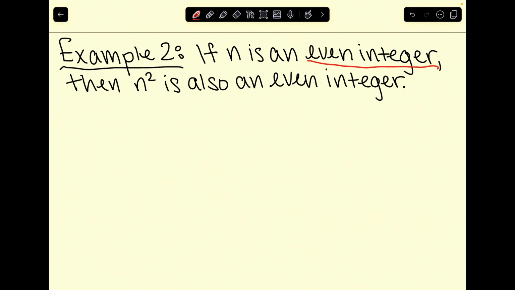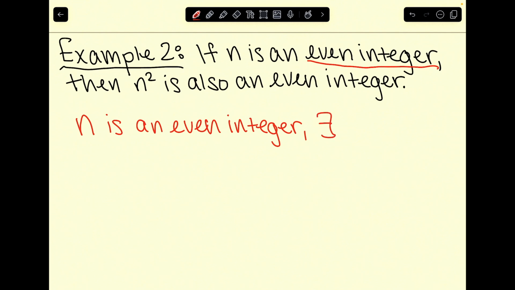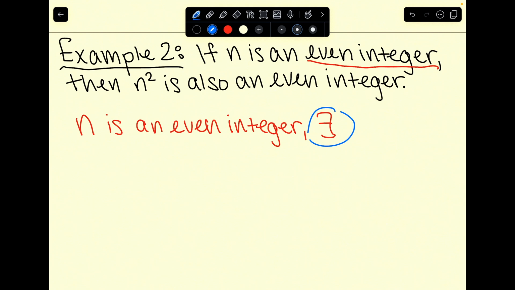By definition, n is an even integer if there exists, so this symbol here, it just means there exists.